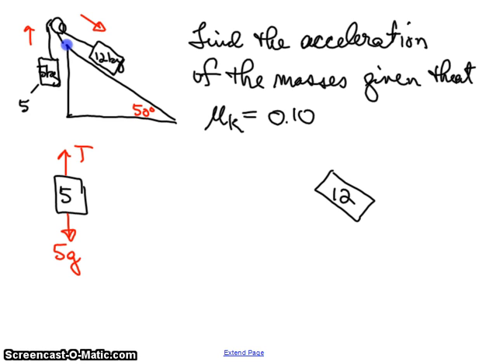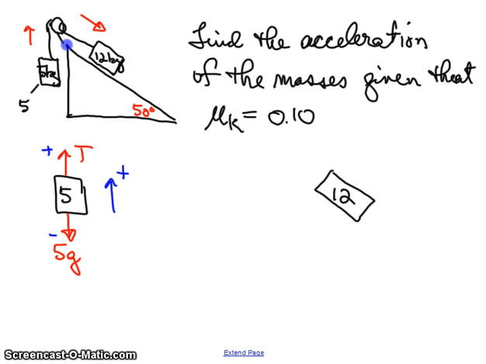You might as well use the numbers here instead of using m's. By the way, this one is going to be moving upward, so up is going to be positive, and that means any arrow pointed in that direction is going to be positive. Any anti-parallel arrow will be negative.